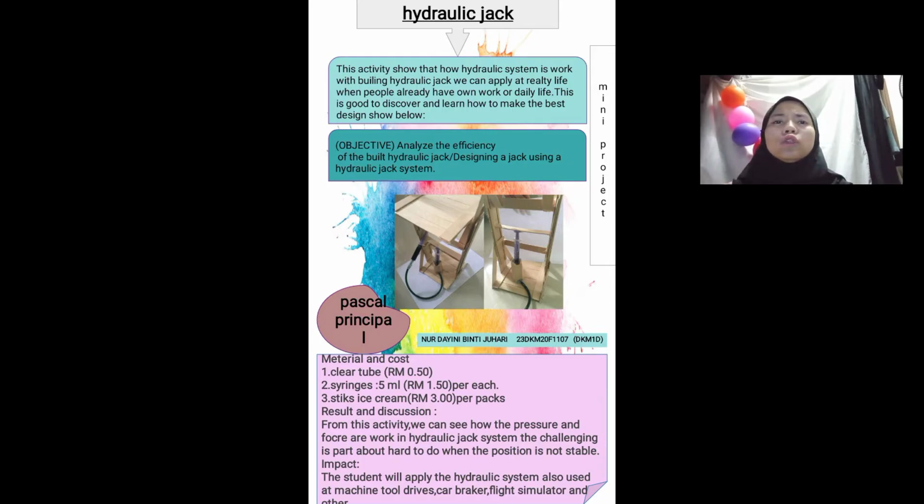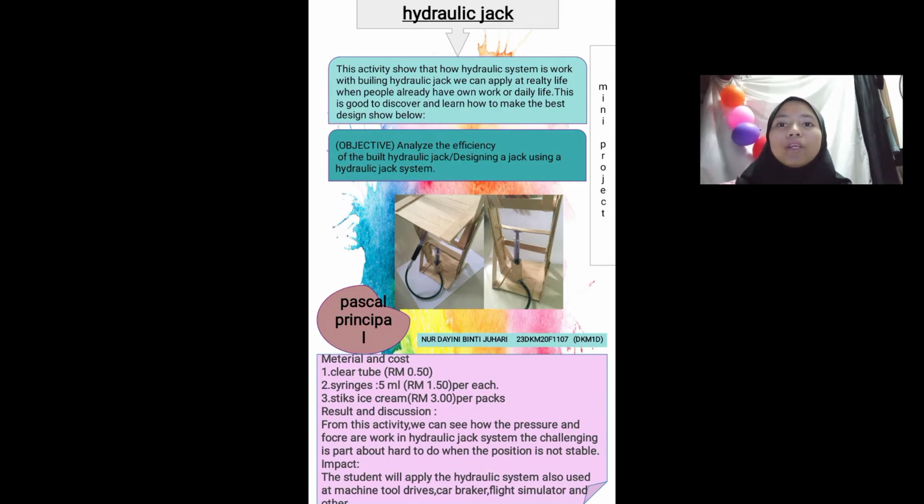This is good to discover and learn how to make the best design shown below. Objective: analyzing the efficiency of the built hydraulic jack or designing a jack using a hydraulic jack system. So, my project is about Pascal's principle.